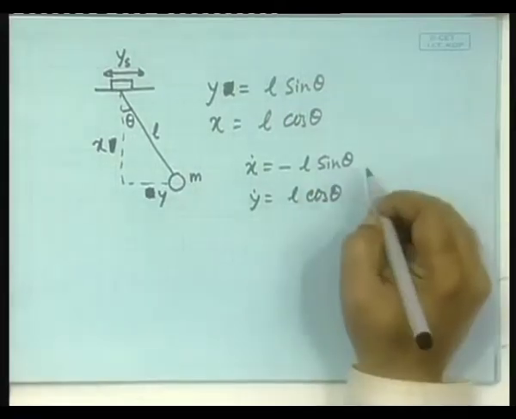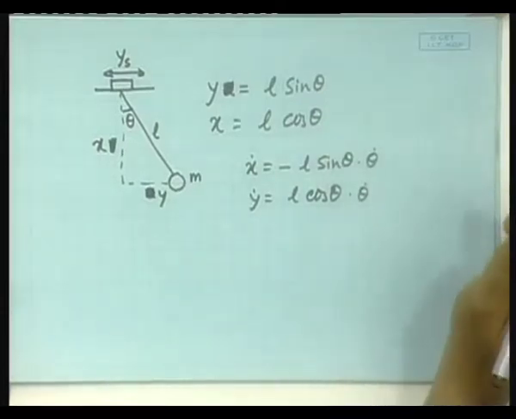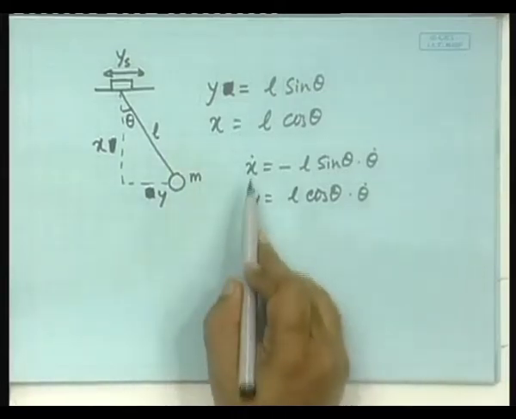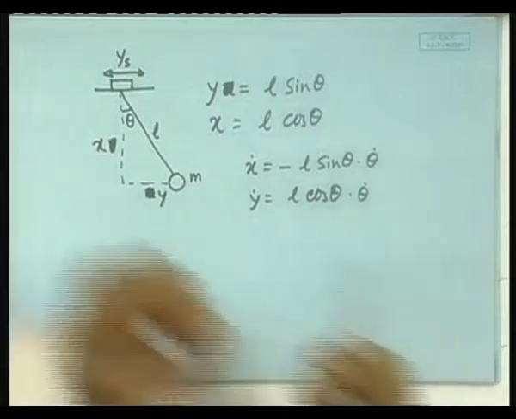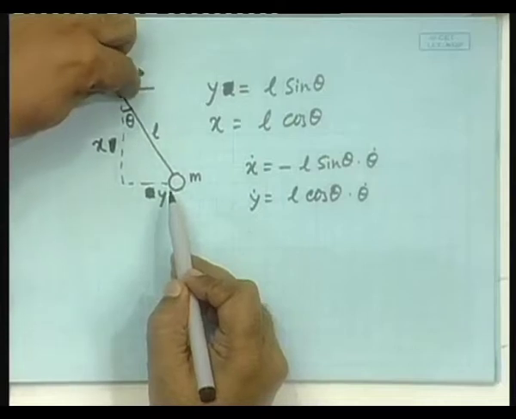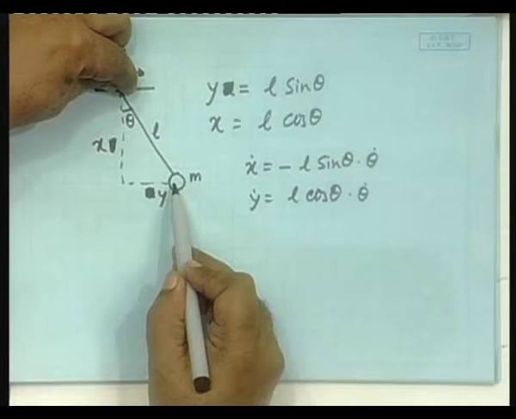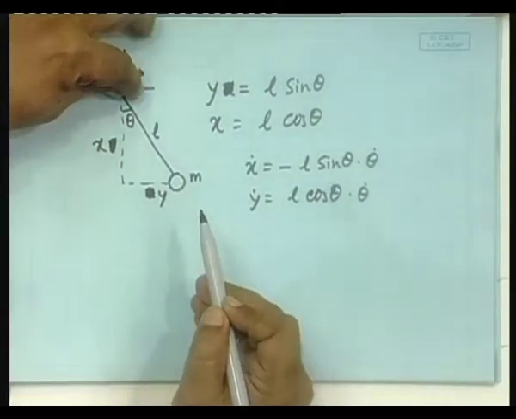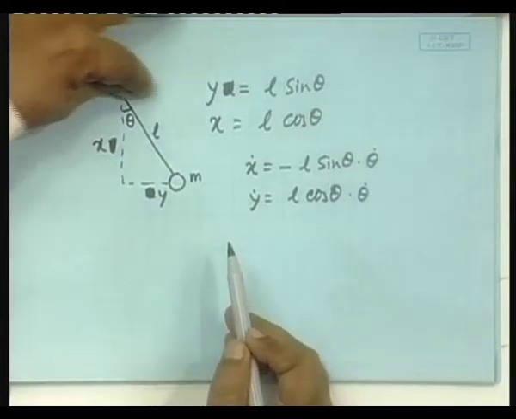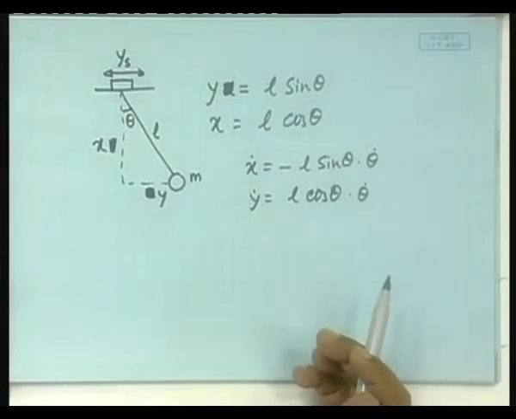Sorry, into theta dot. So, these two are the velocities of this fellow, and we have to add to that the velocity here. In order to obtain the actual velocity of the bob, it is, if this were not moving, whatever the velocity would be plus the velocity that is imposed on it. That will be the easy way of looking at it. Fine, that is what we will do.